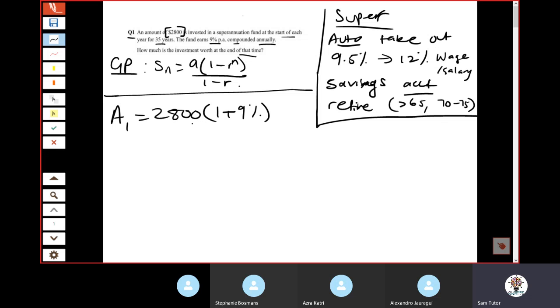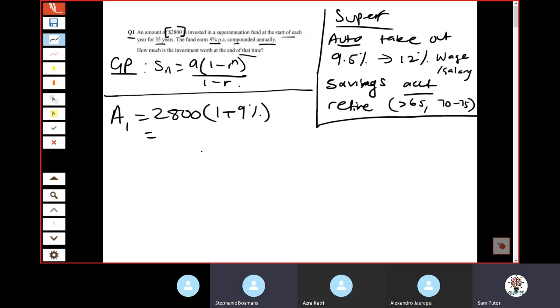And this would be the total amount I would have at the end of that year. Is that right? Does that completely make sense? So I put 2,800 at the beginning of the year, and then at the end of the year, I would have had 2,800 times 1 plus 9%, whatever that would be.